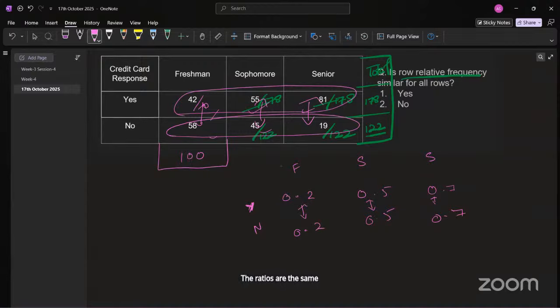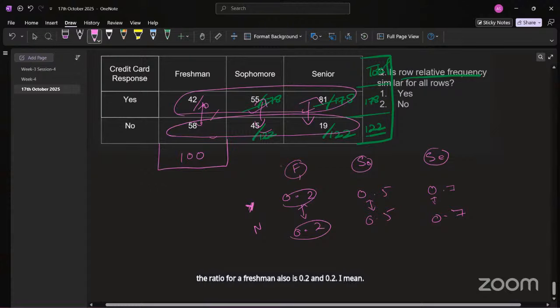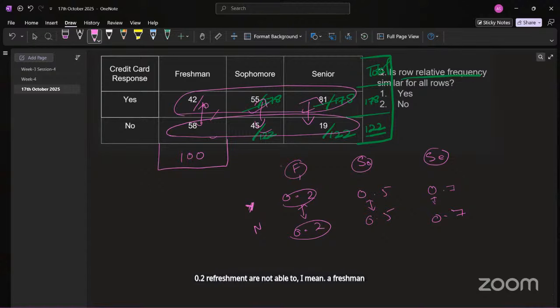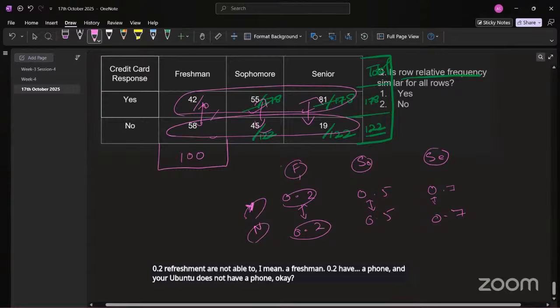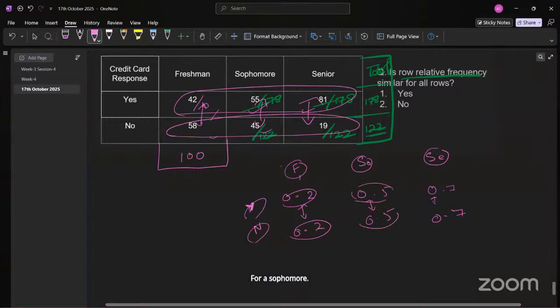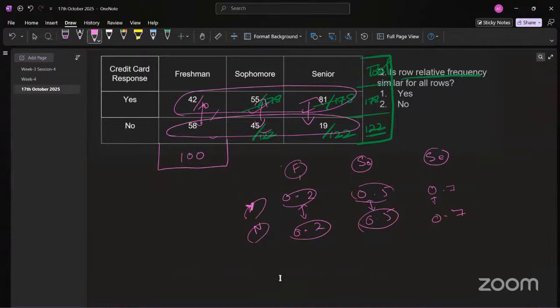So we can say that it doesn't matter if you are a freshman or a sophomore or a senior. For freshmen, 0.2 have a phone and 0.2 do not have a phone. For sophomores, 0.5 have a phone and 0.5 do not. It doesn't matter which year you are in. The ratios for owning or not owning a phone are the same.